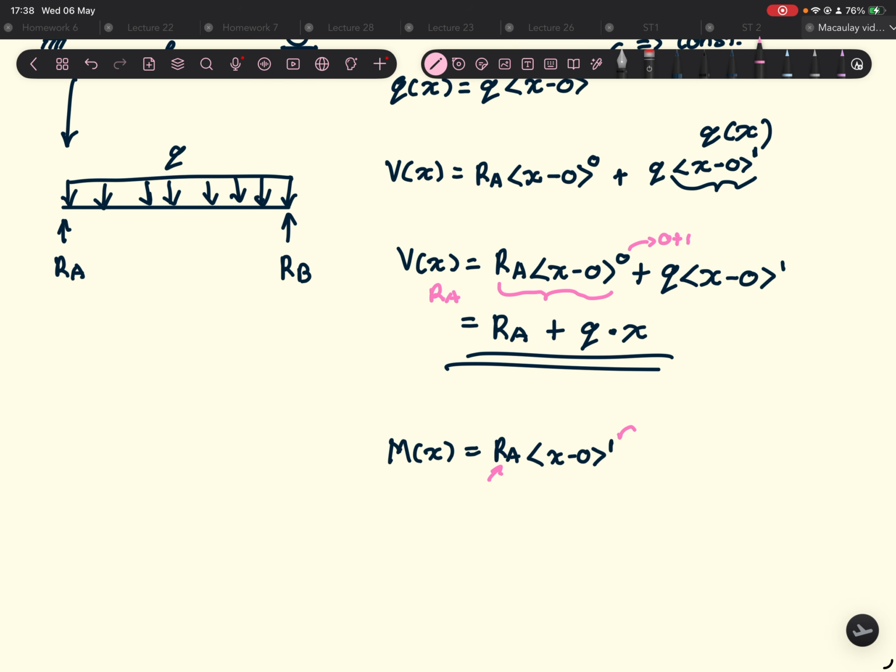And then the power here is increased by 1, and then the q term over here, so you're going to get plus q over 2 now, because 1 over 1 plus 1, so it's going to become q over 2 x minus 0, and then that's squared.